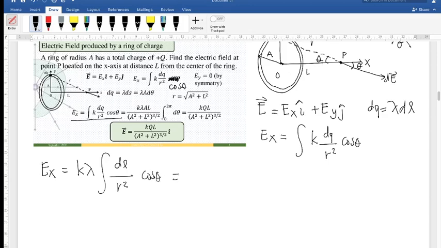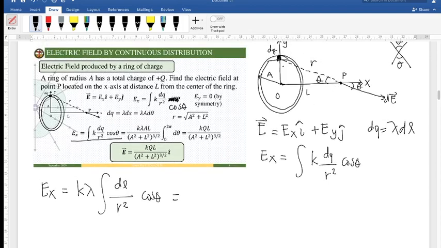Now the cosine of theta is equal to adjacent over hypotenuse. Your adjacent is L, over the hypotenuse. Since the distance from the origin to here is A, because for a perfect circle all radii are equal, the hypotenuse is the square root of A squared plus L squared.